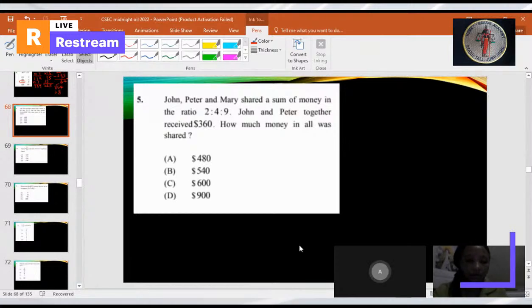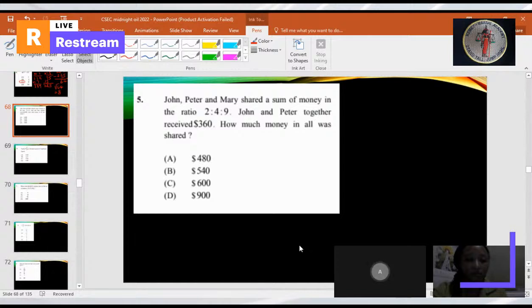John, Peter, and Mary shared a sum of money in the ratio 2 to 4 to 9. John and Peter together received $360.